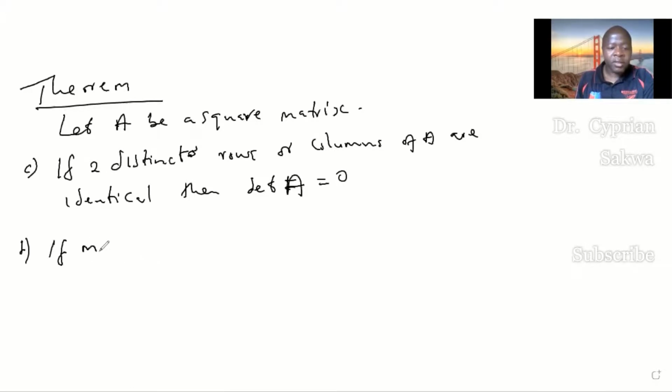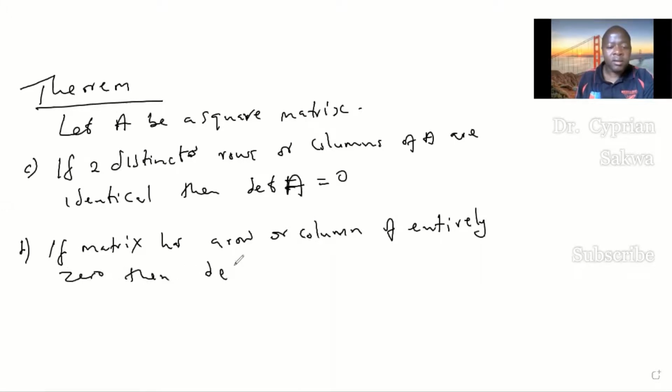If matrix A has a row or a column of entirely 0, then the determinant of this A will be 0. What I mean is this: supposing I have A which equals 2, 7, and there's a row that is completely made of zeros, then the determinant of A will just be 0. You can see this will be 0 minus 0.